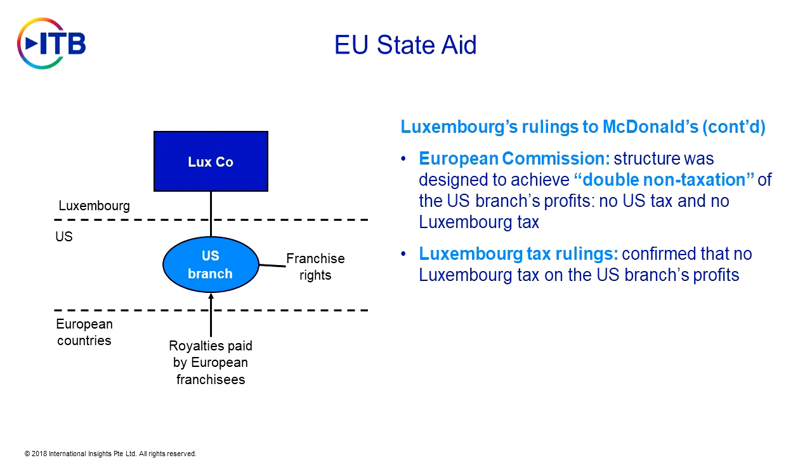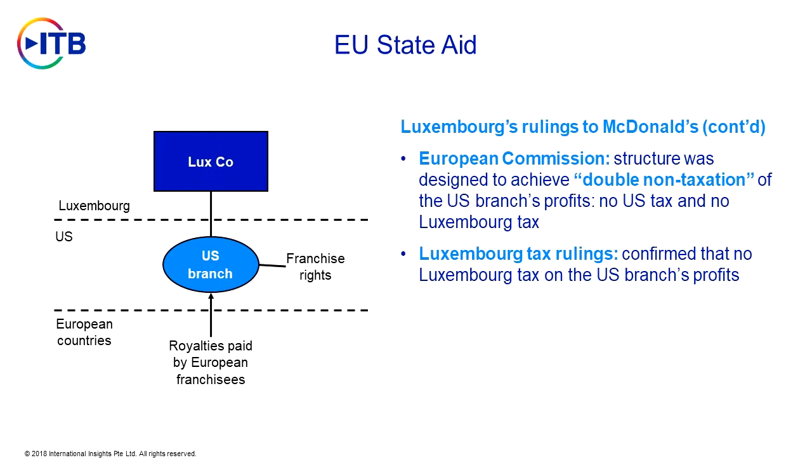According to the Commission, this structure was designed to achieve double non-taxation of the US branch's profits. No US tax and no Luxembourg tax. Luxco obtained 2 tax rulings from the Luxembourg tax authorities which said that there was no Luxembourg tax on the US branch's profits.